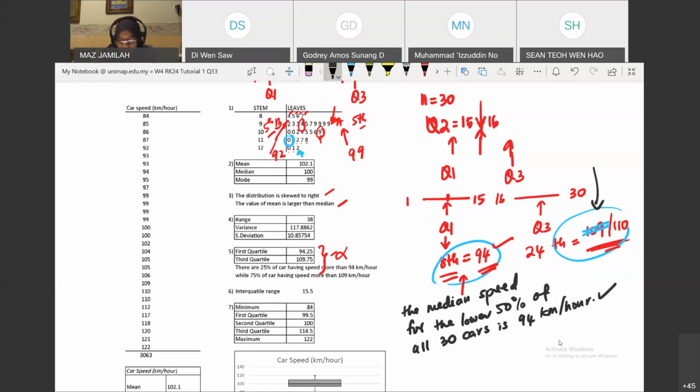I don't want this kind of attitude. Please hurry up. I am about to lose my temper. The median speed for the upper 50% of all 30 cars is 110 kilometers per hour.